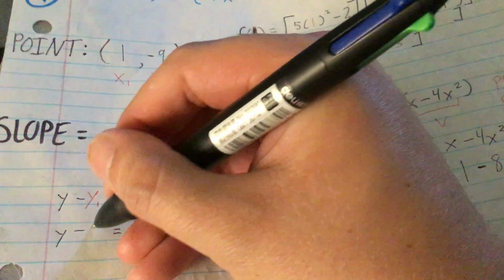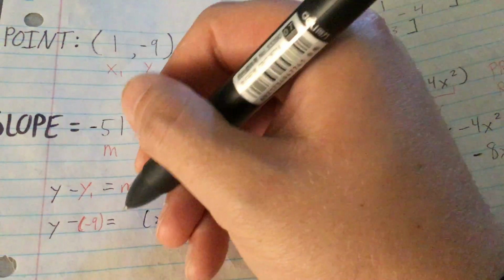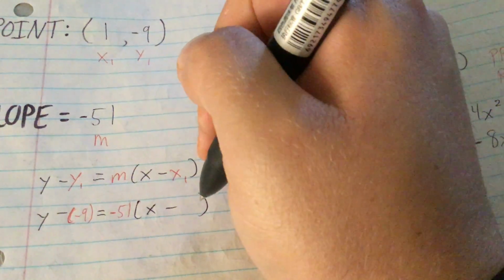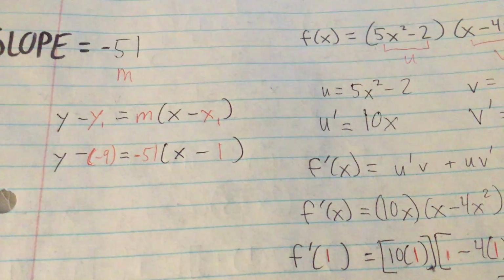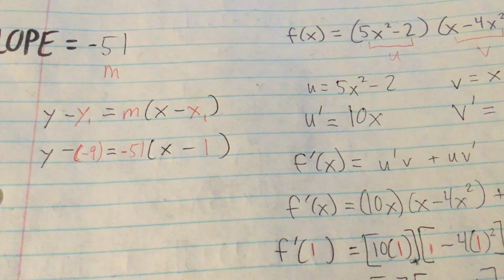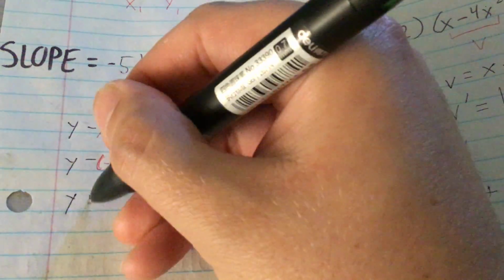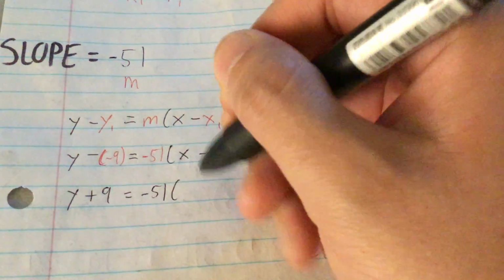Y minus negative 9 equals negative 51 times x minus x1, which is 1. Are there any double negatives in my point-slope form? Y minus negative 9 can be converted to y plus 9. So now I've got negative 51 times x minus 1.